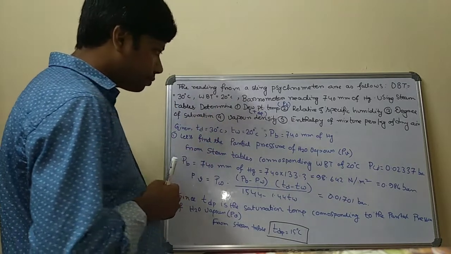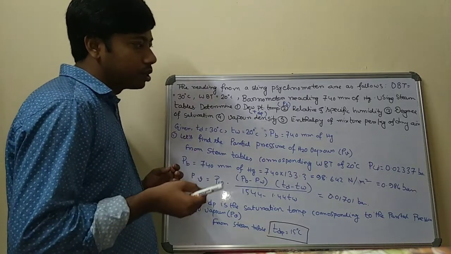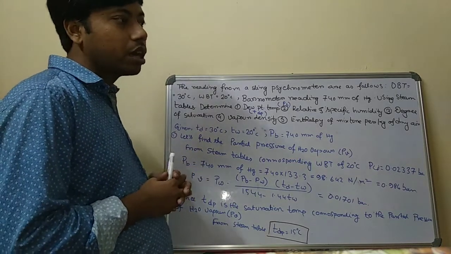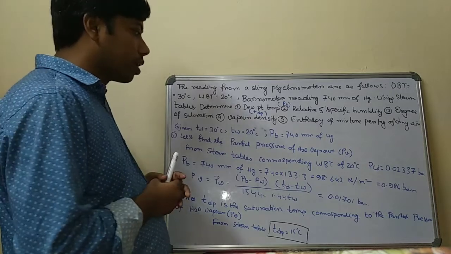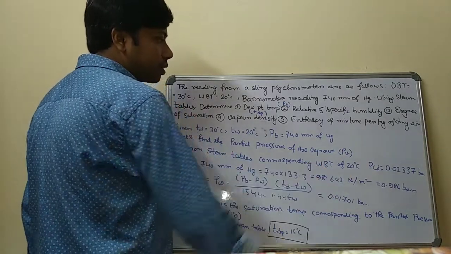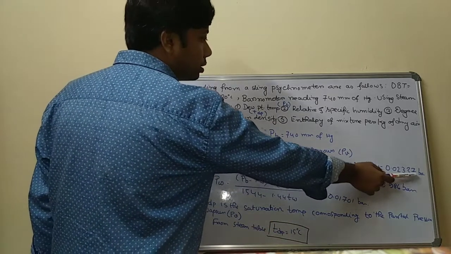From the saturation steam table of water, for the temperature of 20 degrees centigrade, we get the value of PW as 0.02337 bar.